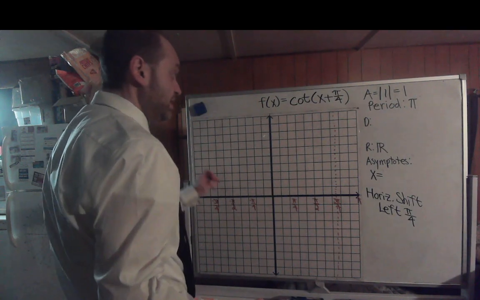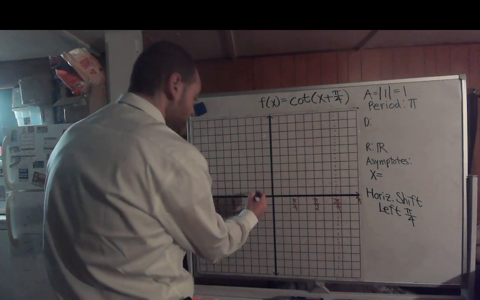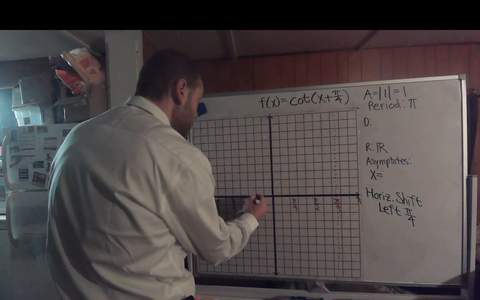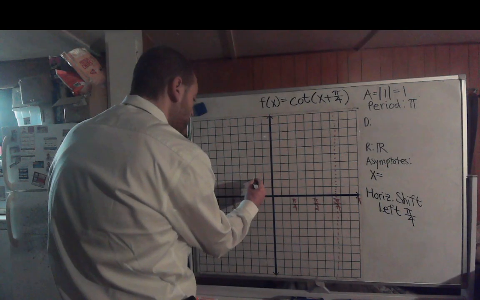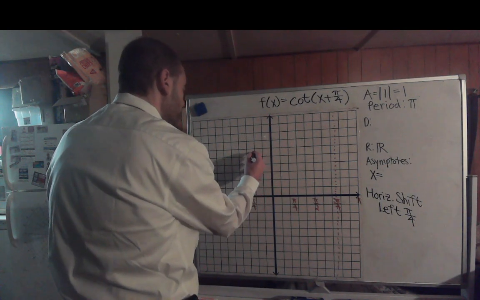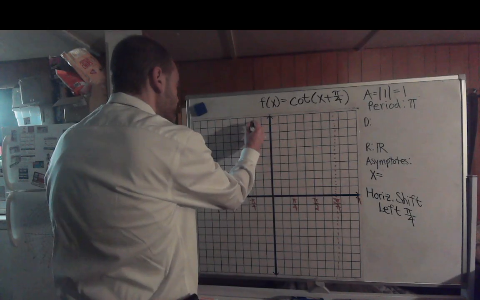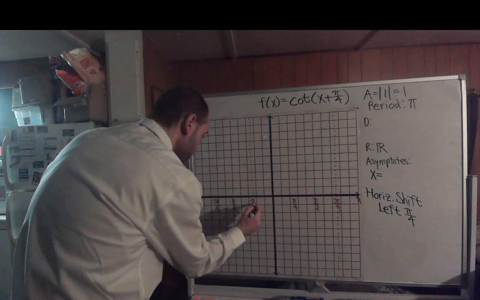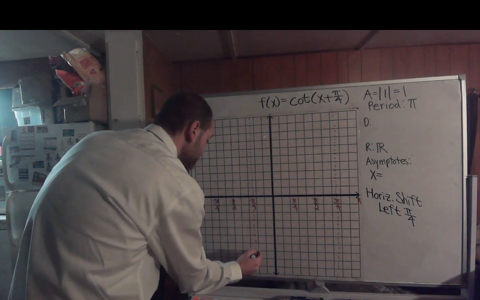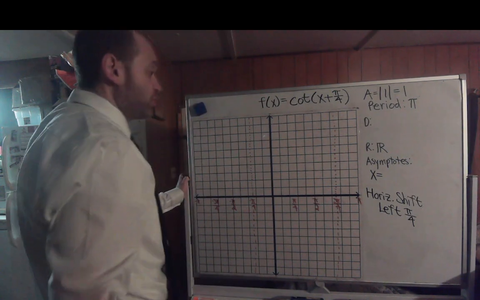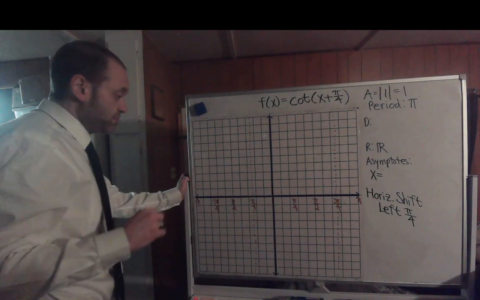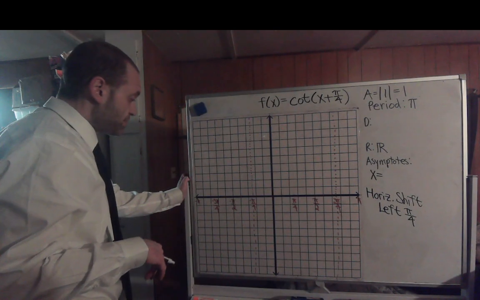Let's see, negative pi over 4 would give us the cotangent of 0, which is undefined. So yeah, that makes sense. I don't know why I was thinking of the tangent graph a minute ago. Forgive me for that, folks.